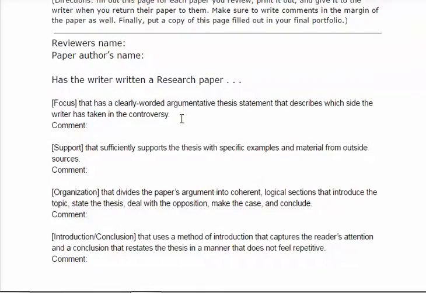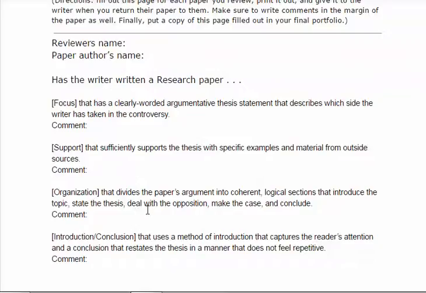So there should be a clause, a claim, and then a because, and then there should be reasons, at least 3 or 4 reasons, and those reasons should then be the way that you organize the paper.